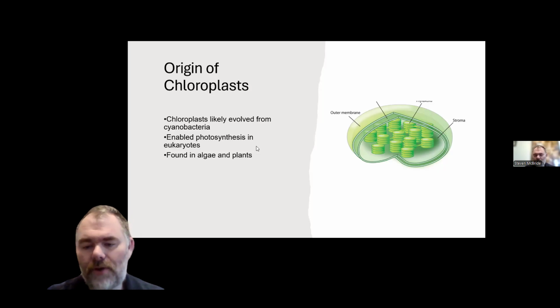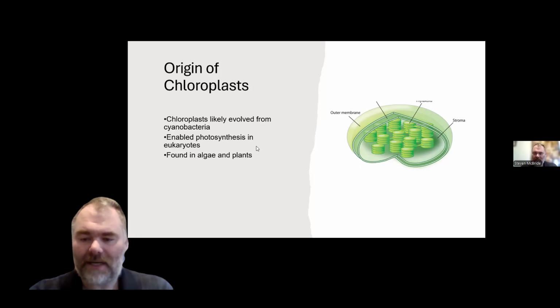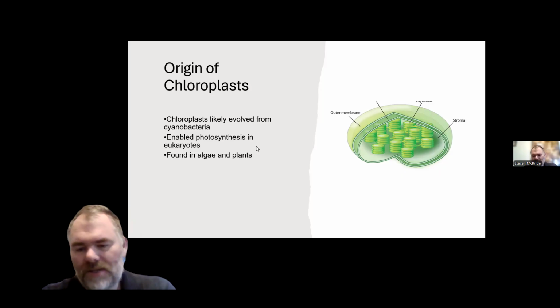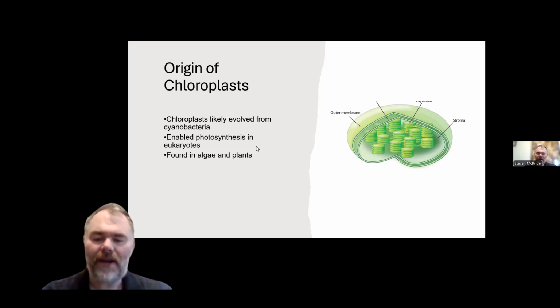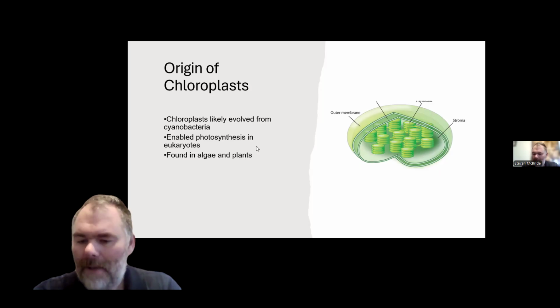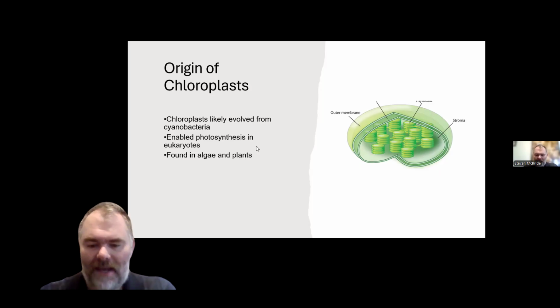This gave those eukaryotic cells the ability to perform photosynthesis. Today, chloroplasts are found in algae and plants, where they capture light energy and convert it into chemical energy. So, the ability of plants and algae to photosynthesize may actually trace back to a second major endosymbiotic event: an ancient merger between a eukaryotic cell that already had mitochondria and a photosynthetic bacterium.